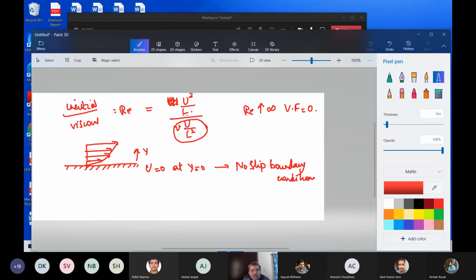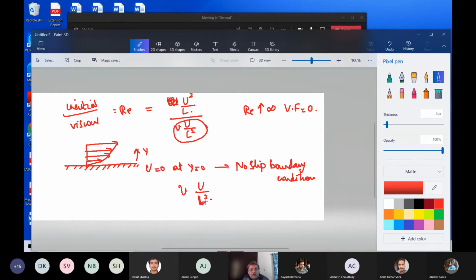Now you are seeing this is a viscous term, and you are saying that the viscous term is becoming smaller and smaller. Now what is a way to increase this term? When the flow keeps on increasing in Reynolds number, let's say the speed of the flow keeps on increasing, and somehow it reaches a state when the viscous force is becoming very small, what happens is that this L will start changing.